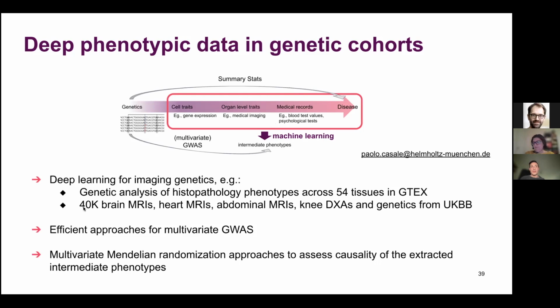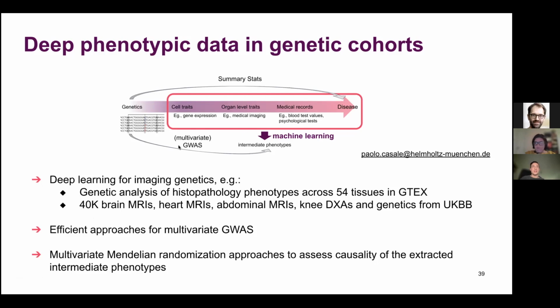And we just got access to UK Biobank, where we have 40K brain MRIs, heart MRIs, abdominal MRIs, and knee DXAs, with matching genetics. We'll be starting with brain MRIs, and specifically looking at neurological disorders.